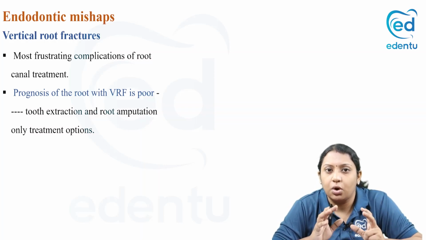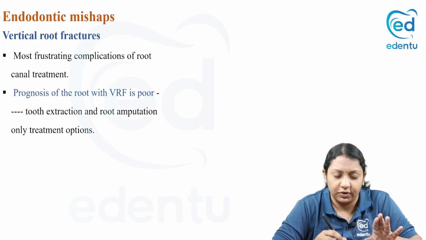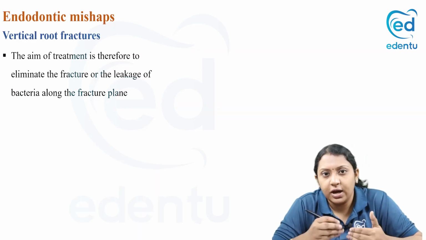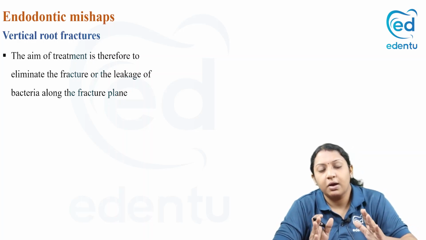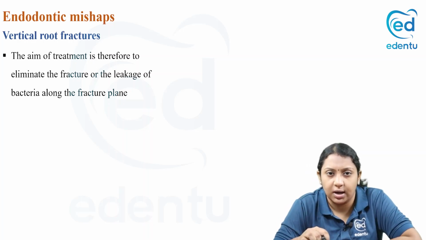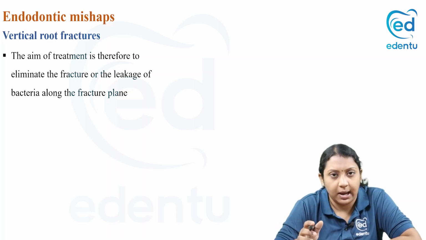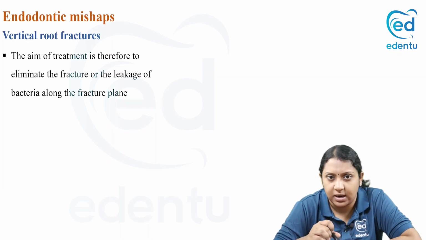Tooth extraction or root amputation is the only way of treatment for vertical root fractures. So in vertical root fracture, if we are trying to save the tooth, our main aim should be to avoid leakage through the fracture line. That means to eliminate the leakage of bacteria along the fracture plane. So our aim of vertical root fracture management is this.